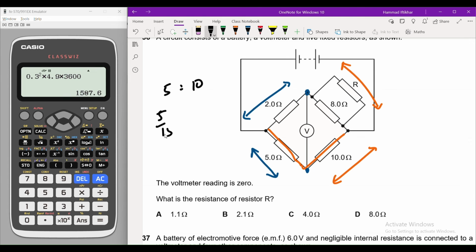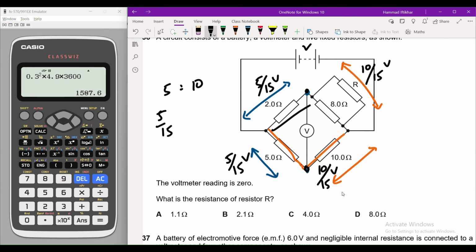So 5 over 15 of V, well, let's call that V, and this is going to be 10 over 15 of V. Similarly, this has to be the same 5 over 15 V, and this has to be the same 10 over 15 of V, so that the potential difference across this is 0.